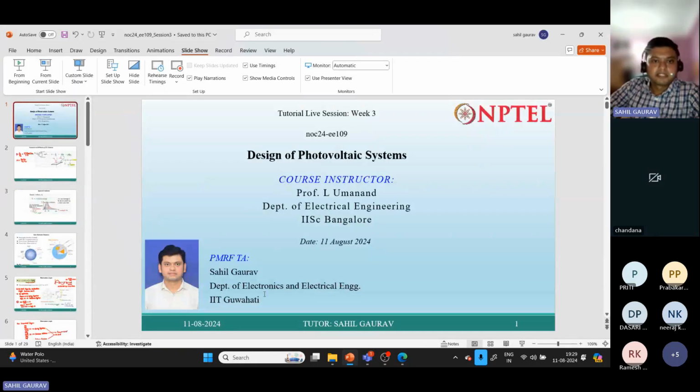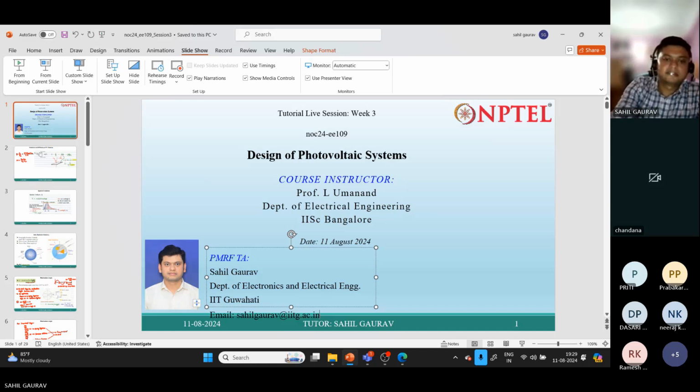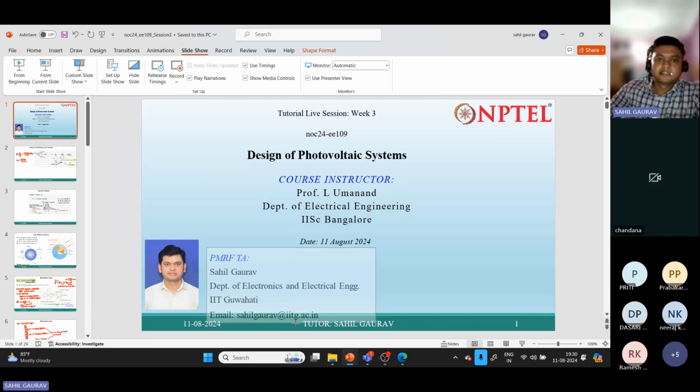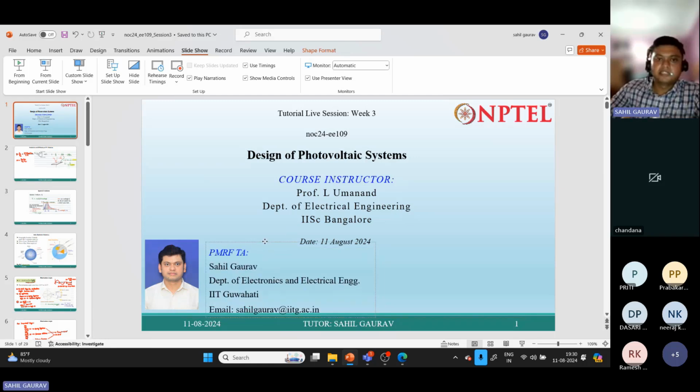I have not mentioned my email ID. You can mail me also, irrespective of class. I can also reply there if I am not able to take it in class.